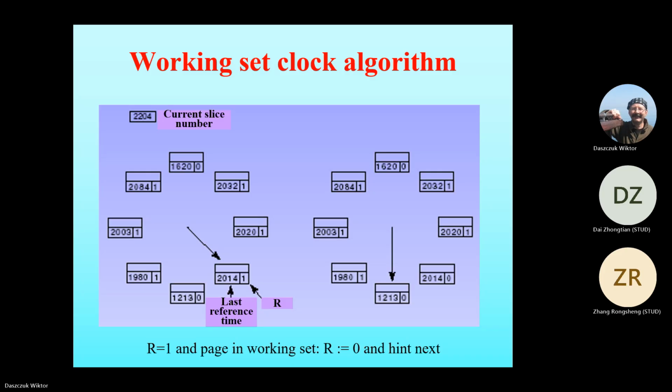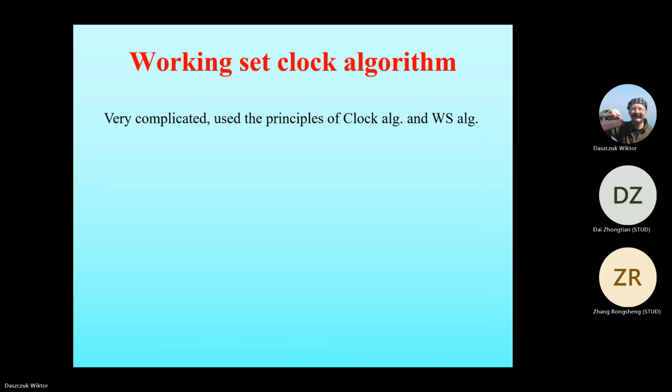So I think that we can skip this algorithm, knowing that it has a circle of pages, that it clears the appointed page if it has R 0, and in searching in a circle, it divides pages into two sets: used during the last tau accesses or out of this set.